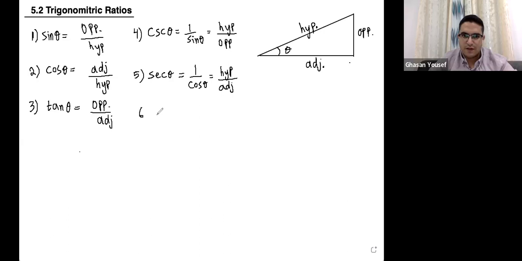And number six, the last one, is the cotan of the angle, which is 1 over tan of the angle, and this is equal to the adjacent edge over the opposite side.